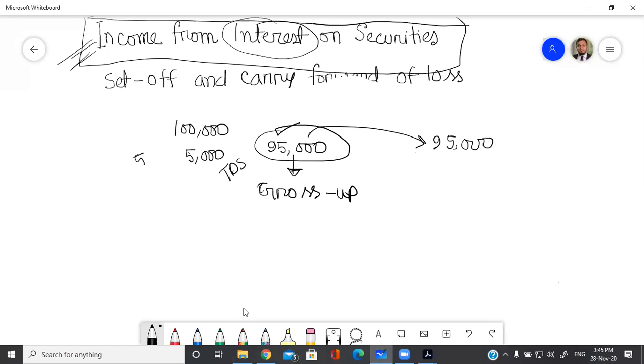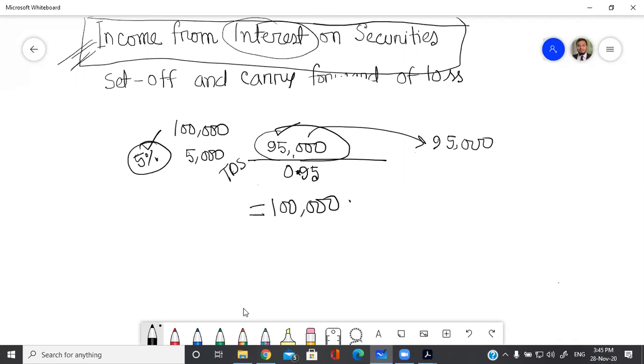If 5% TDS is applicable here, this 95,000 taka is not 100%, it is a 95% figure. So if you divide 95,000 by 0.95, you get the gross amount of 100,000.